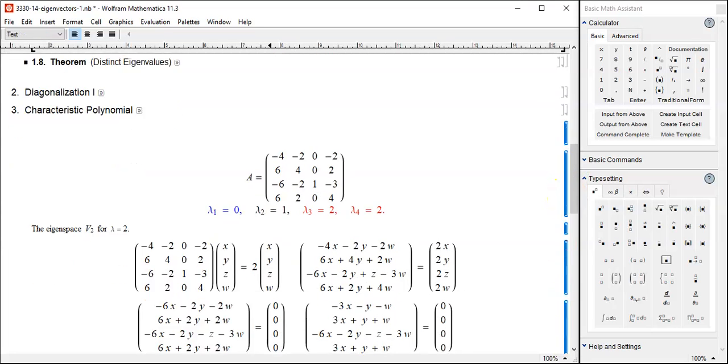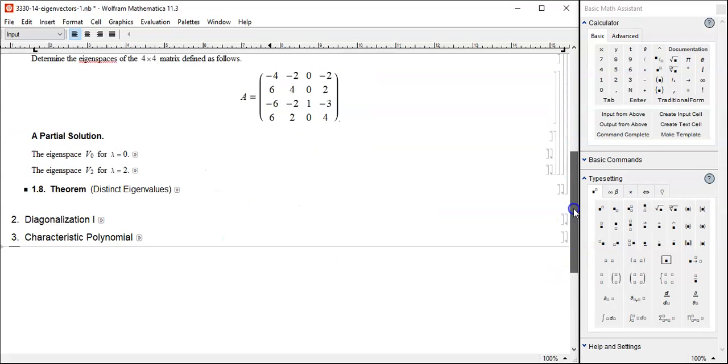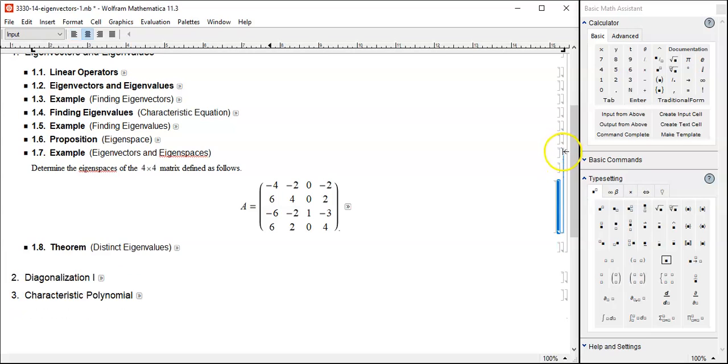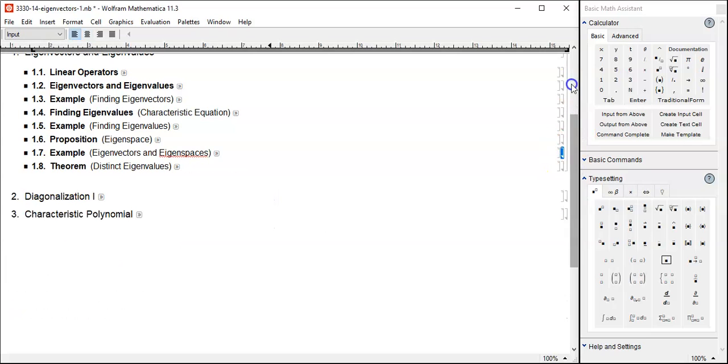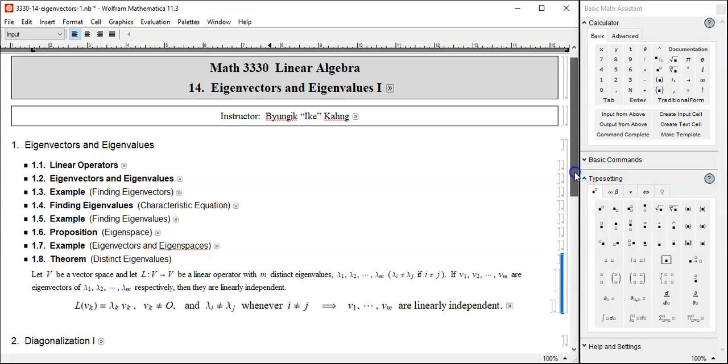So we went through eigenspaces, and we did the same problem from different viewpoints multiple times. So I think we covered it reasonably thoroughly here. Let's complete this section with one more theorem, which we'll not prove here.